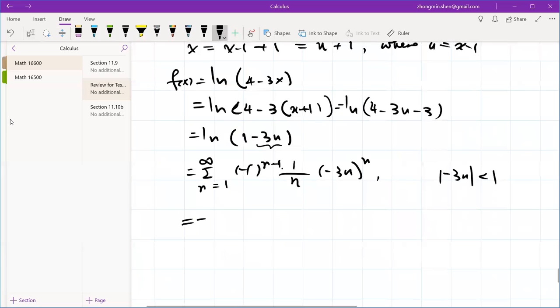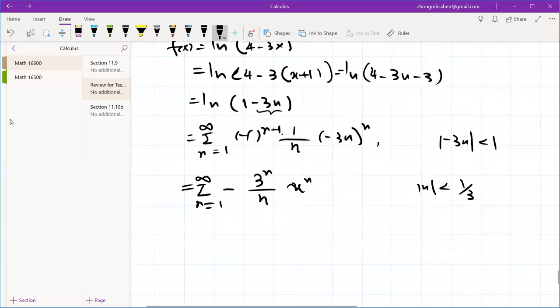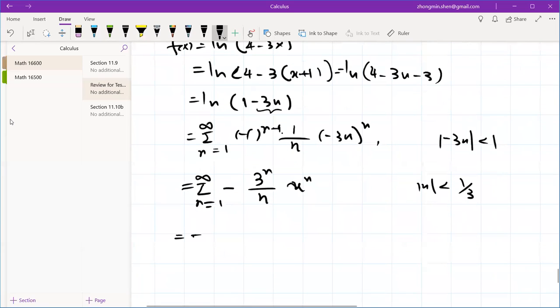So you simplify a little bit, and negative 1 to the power n times negative 3 to the n gives 3 to the n, and u to the n's power. And this holds for absolute u less than 1/3. So let's replace u by x minus 1, to the power n, and here absolute x minus 1 is less than 1/3.